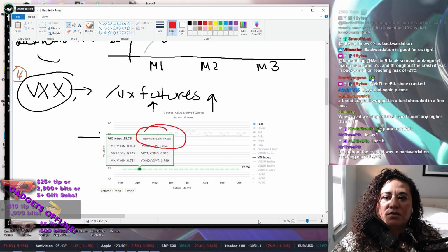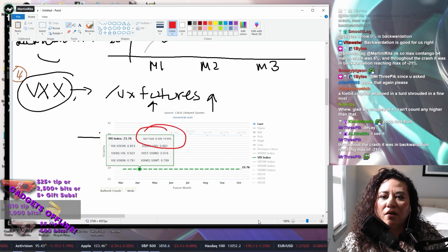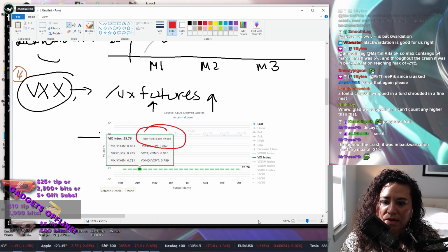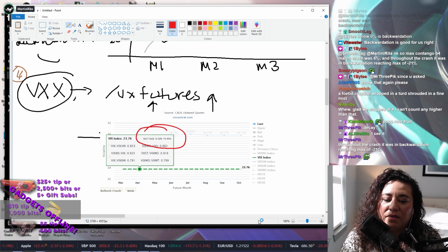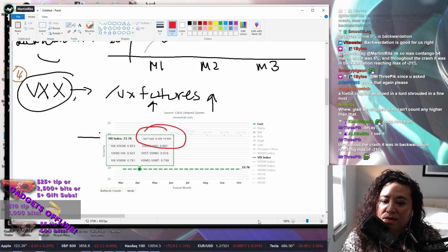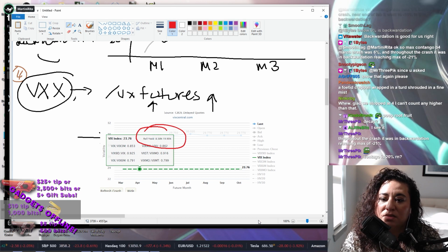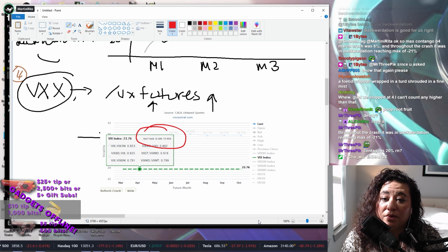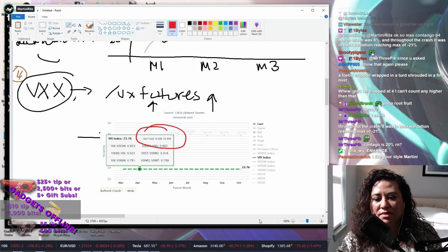Remember, you guys are all used to holding options, and every day passes, and it's costing you money, right? But the cool thing about these products is there can be positive decay, especially when it goes into backwardation. So when it's in backwardation, you can get paid to hold it. Contango is not 20% right now. It's like 10%.